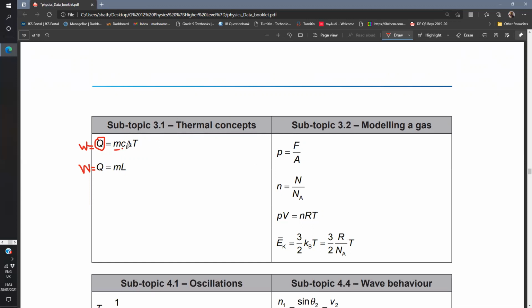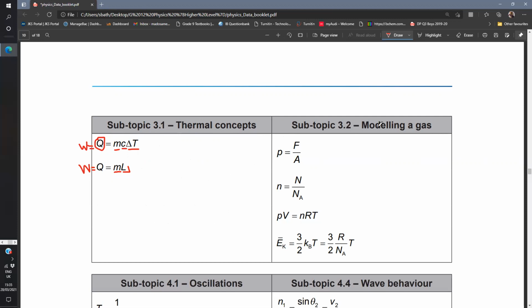M is the mass, C is the specific heat capacity, and delta T is the change in temperature. Here M is the mass, and this is the latent heat. Each material has its own latent heat. When you're solving questions, you just apply these formulas straight away. The reason there's not as much explanation as there was in topic 2 is because this is mostly a theoretical topic.